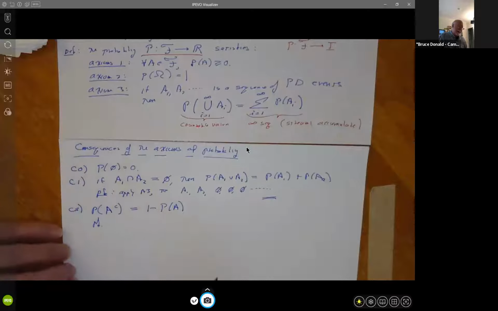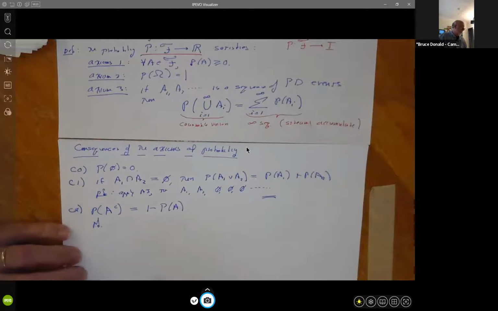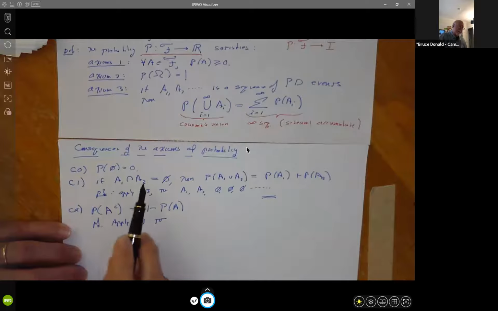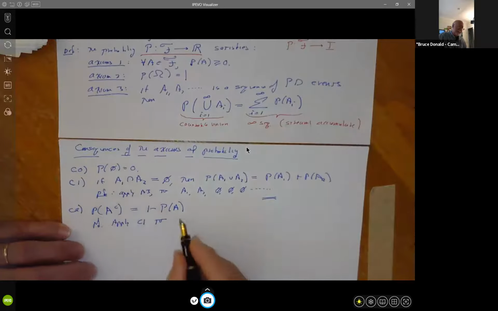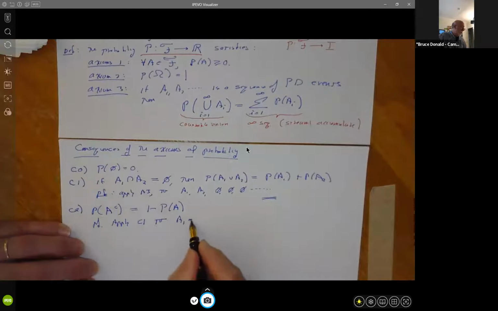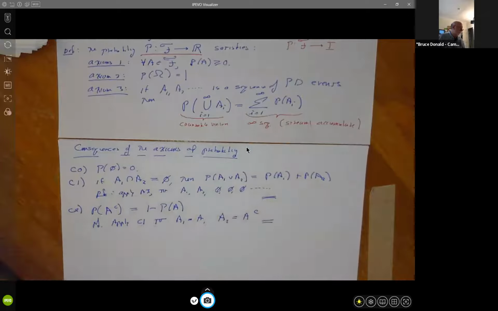To prove that, I'm going to use C1, which I just proved. C1 takes as input two sets A1 and A2. So I'll let A1 equal A, and I'll let A2 equal A complement, and I'm done.